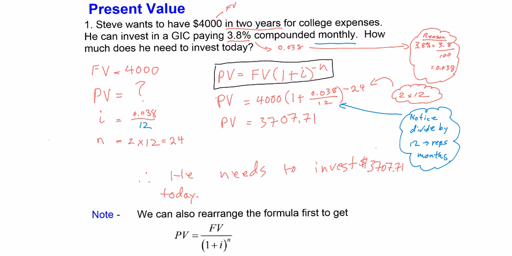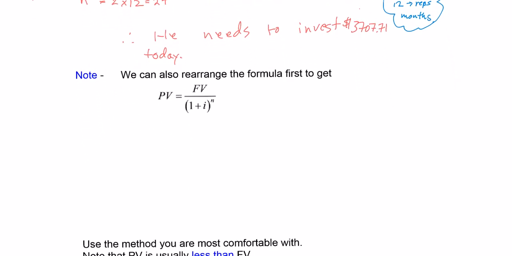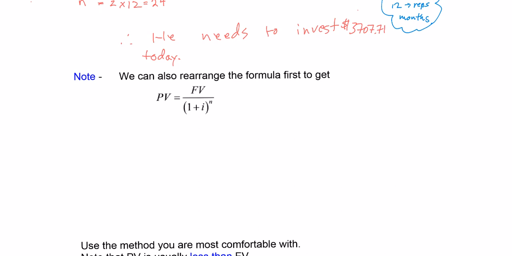Now, you'll notice on your sheet, the present value can be written like this: the future value divided by the bracketed version of 1 plus I raised to the n. Or we could write the present value is equal to the future value times 1 plus I to the negative n.